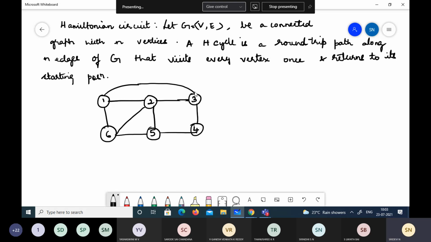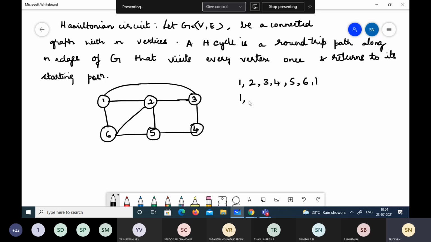How many Hamiltonian cycles can you have? Start from one point and visit all the cities. I can go to city 2, then 4, 5, 3, 4, 5, 6, and back to 1. This is one cycle.